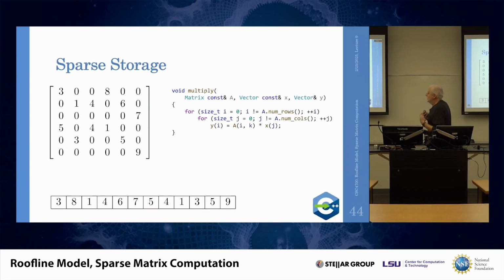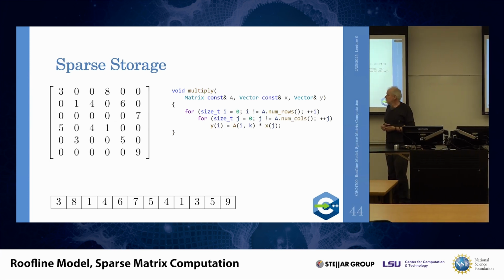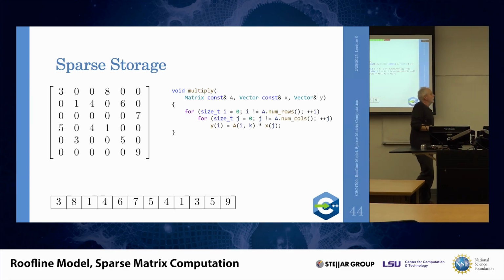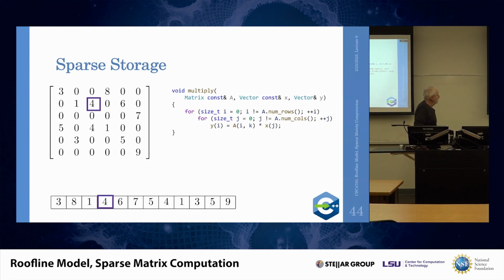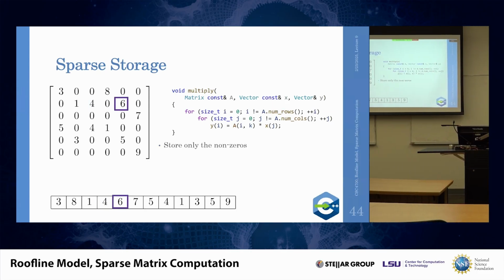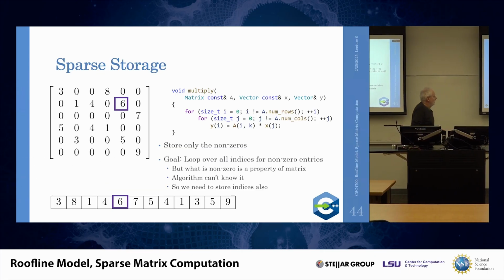If you want to create a sparse representation of that matrix, and we want to get rid of all the zeros, in the end, what we will store in memory is really just the values of the non-zero elements. So the 3 is there, the 8 comes in, the 1, the 4, the 6, and so on. So we store only the non-zeros in our one-dimensional array underneath.